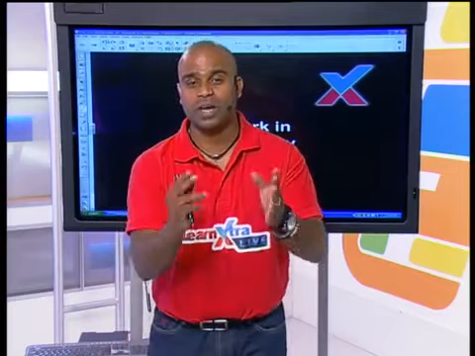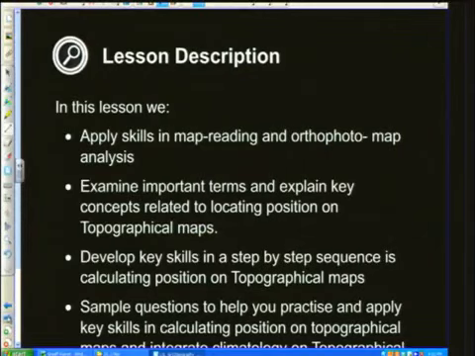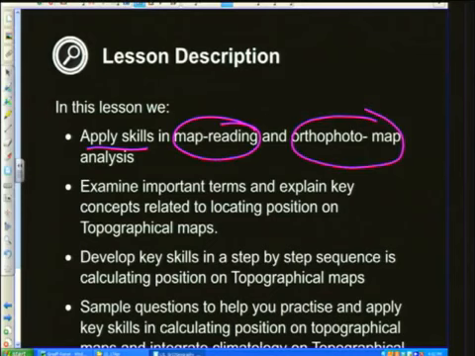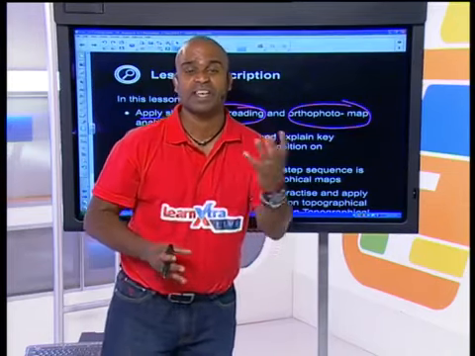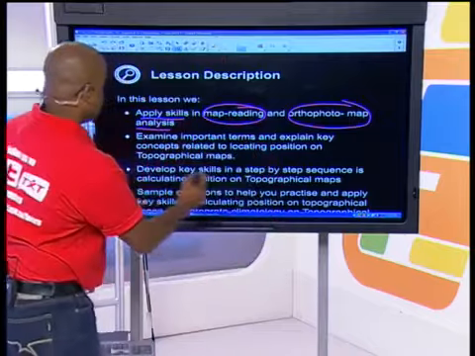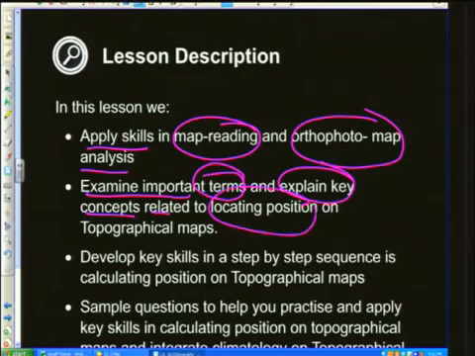Let's have a closer look at what we'll be dealing with today. In today's lesson, we will be applying the following concepts. Apply skills in map reading and orthophoto maps. We will be able to analyze these in terms of climate and climatological aspects that you have studied in theory. The next one is to examine important terms as well as explain key concepts related to the locating of position.